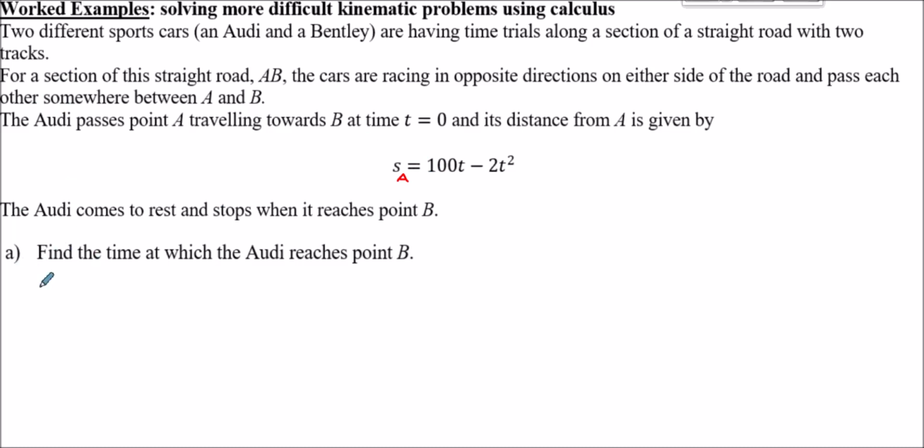So part A, we need to find the time when the Audi reaches point B. Point B is where it comes to rest and stops. Okay, so this Audi is going to stop when its velocity is equal to 0. So that's what we need to solve now. So we can now just say the Audi reaches B when v equals 0.